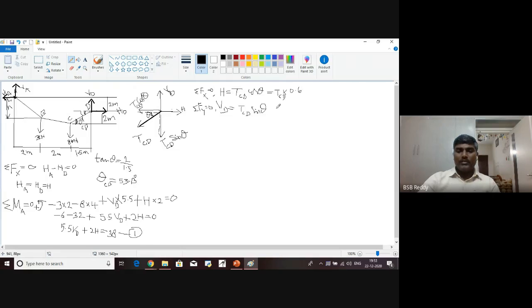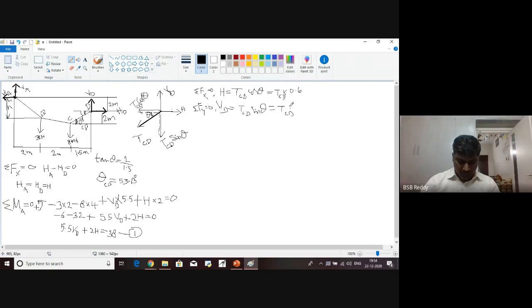Okay. Similarly, TCD sin theta value, you can get it. So sin 53.13 degree is 0.8.